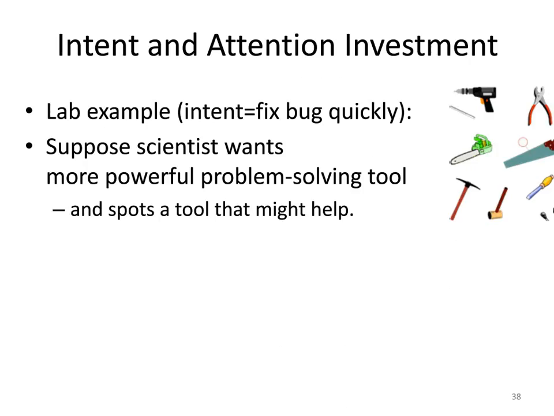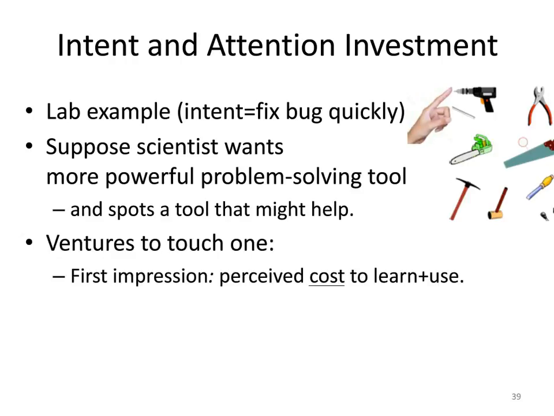Here's this lab example. Suppose the scientist has tried to fix her lab application using her ordinary editor. It's not working out very well, and so she thinks, I really need something better than just editing. So she looks around and she spots a tool that might help, and she ventures to touch it once. Her first impression is when she's going to get a perception of the cost to learn and use that tool.